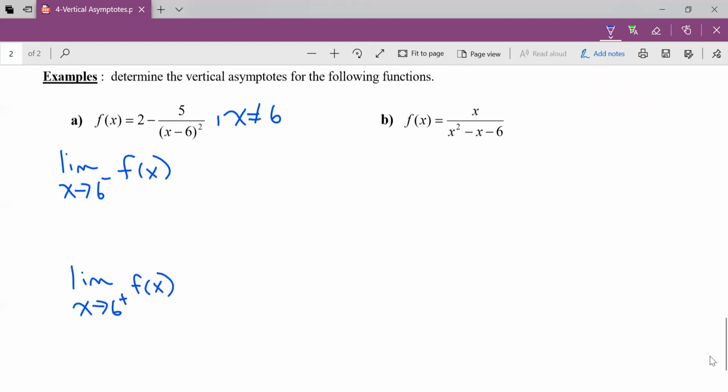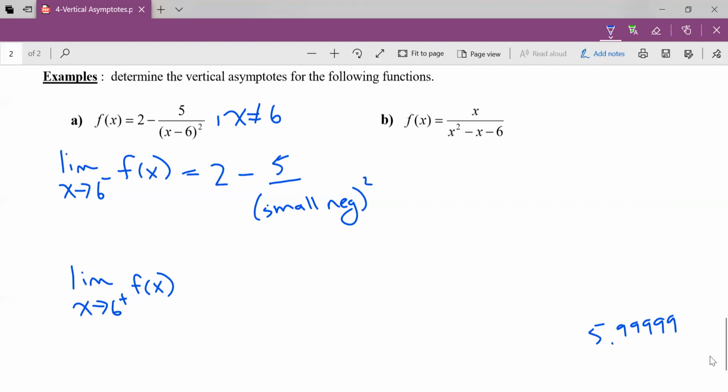I'm going to sub in a number so close to 6 from the left that essentially it is 6. I'll write it down here so it's not in the way. From the left, I'm going to sub in a number like 5.999999999. Okay, so what would happen if I sub that in? Well, what I would get is 2 minus 5 over a really small negative number squared.